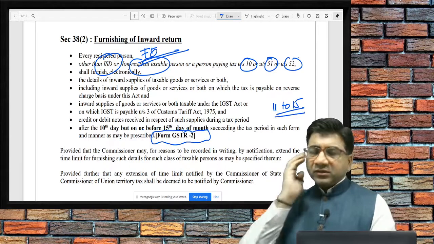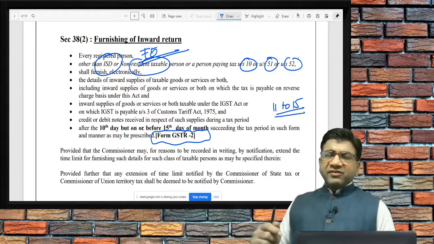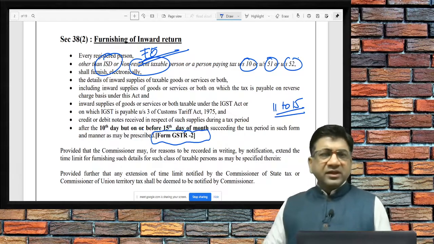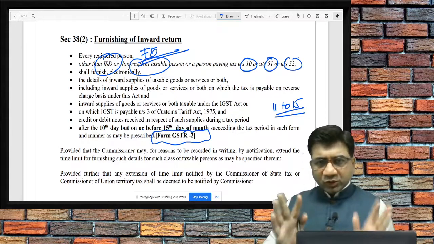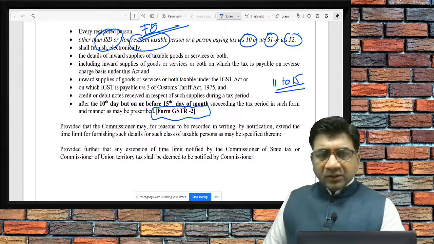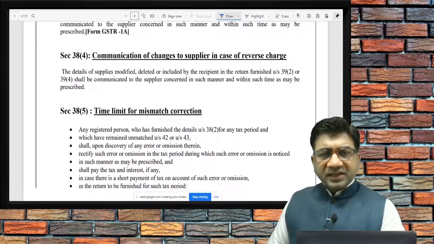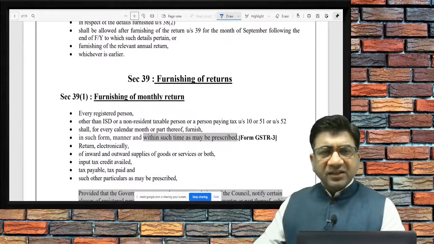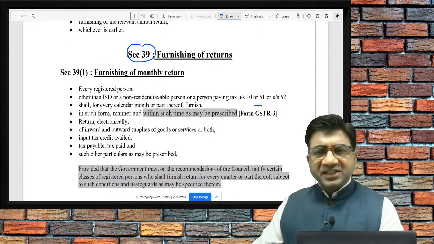So by the 10th of the next month the sales return will be filed, and by the 11th to the 15th of the month, that was the original intention of the government, the inward return will be filed in GSTR2. And then under section 39, a consolidated monthly return will be filed in GSTR3.